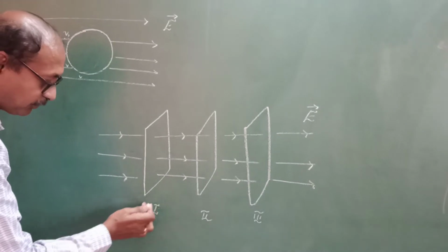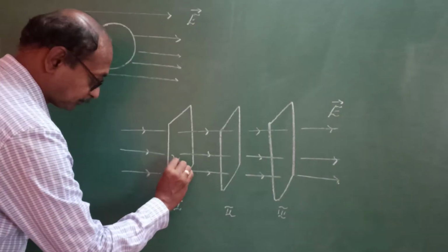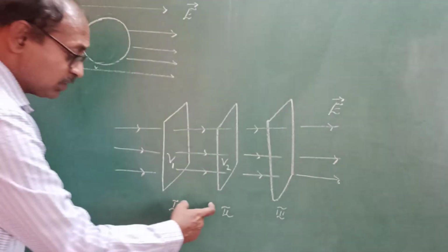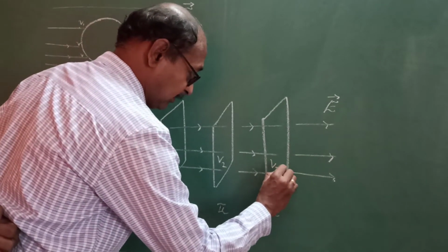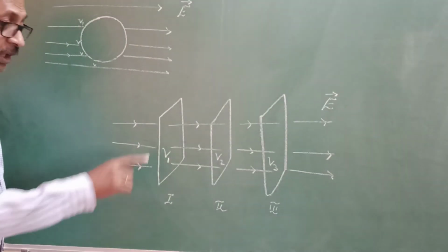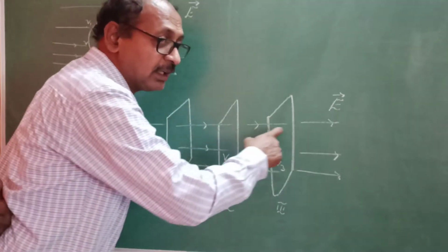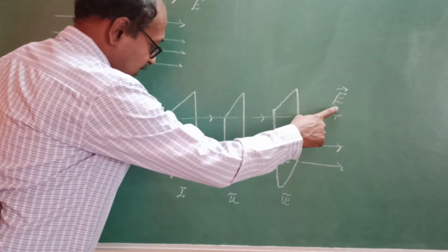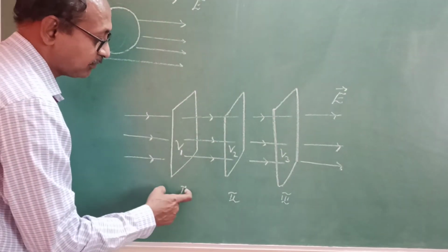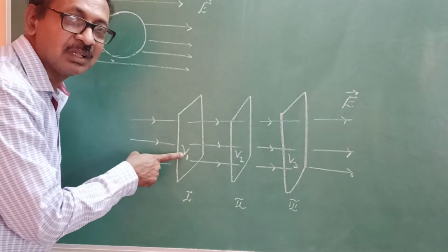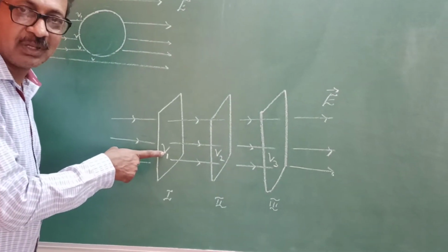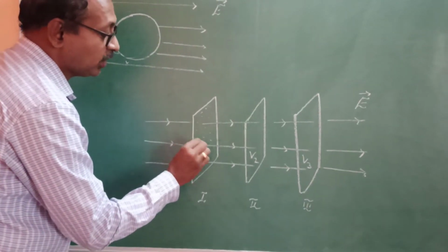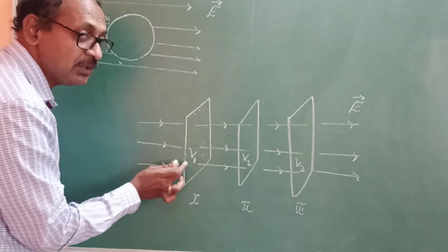The potential of the first surface is V1, the potential of the second surface is V2, and the potential of the third surface is V3. So here is the electric field. For the first surface, V1 is the potential, and for all these points, you can take any value, the potential is V1 only.